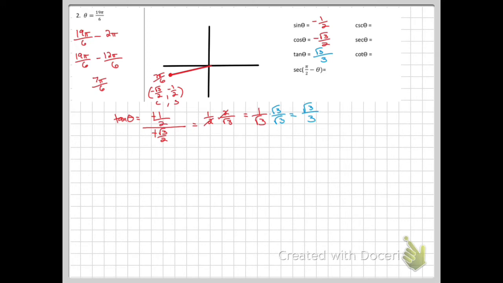Now I just have to take all of these and flip them over to get the reciprocal functions. Negative 1/2 flipped over is negative 2. Cosine, I need to flip that over, so I'm doing secant. I know it's negative 2 over root 3, but I have to rationalize it, so multiply by root 3 over root 3. You get negative 2 root 3 over regular 3.